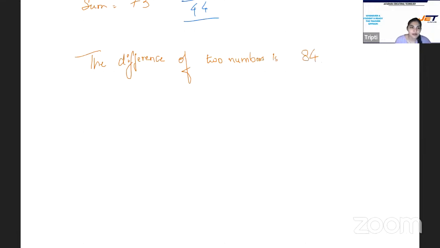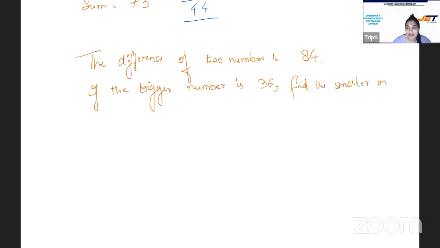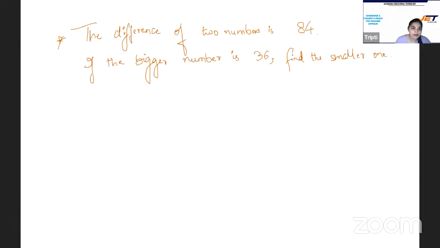If the bigger number is 36, find the smaller one. Do this. By the time I'm writing another question, which is quite similar to this. Okay, this is one. And I'm writing the other also. Come on, everyone, do that question the same way.